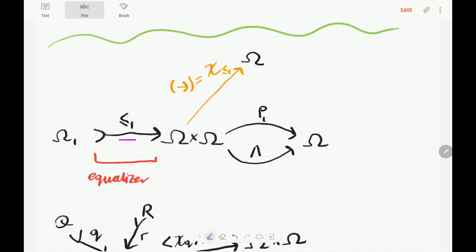We think of it as a monomorphism emanating from an object which we just arbitrarily call omega 1. And this is obviously a subobject of omega times omega, so it has a classifying arrow, and we call its classifying arrow implies. Okay, this orange arrow here. So this is a logical operation.